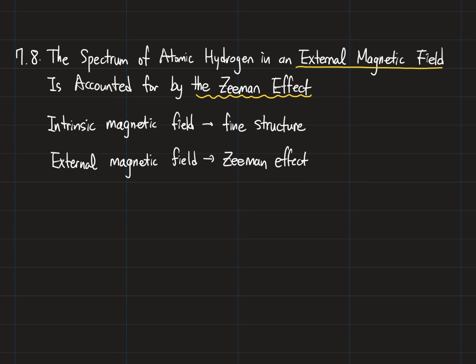We are studying the transition from the 2p orbital down to the 1s orbital, the hydrogen atom's 2p to 1s transition. Based on simpler theory, what we call the normal Zeeman effect, we might expect the spectral line to split into just three components: m_l equal to +1, 0, -1.